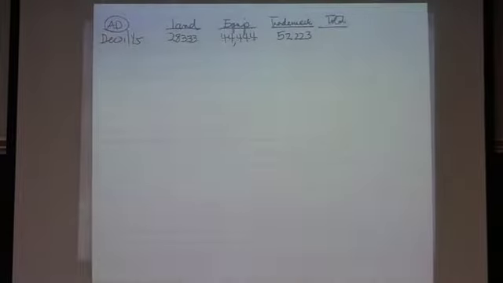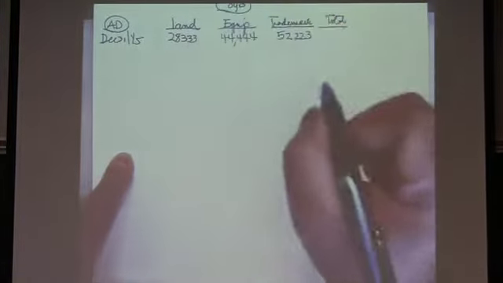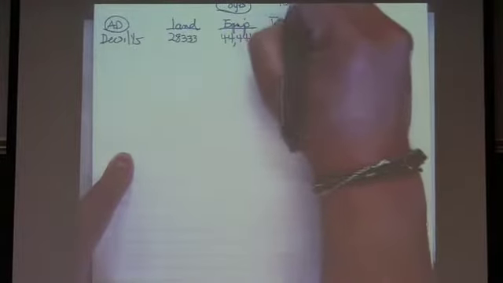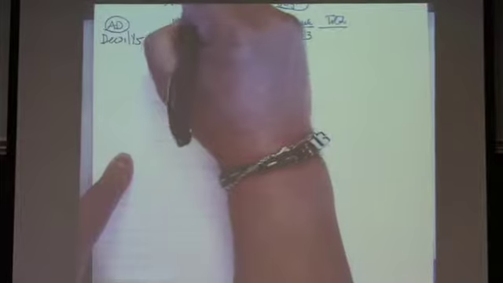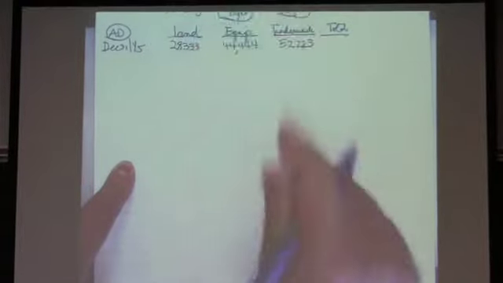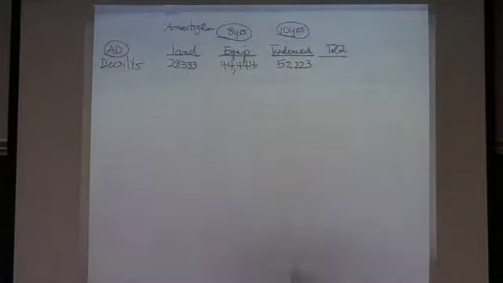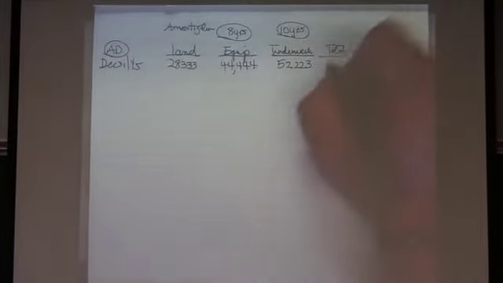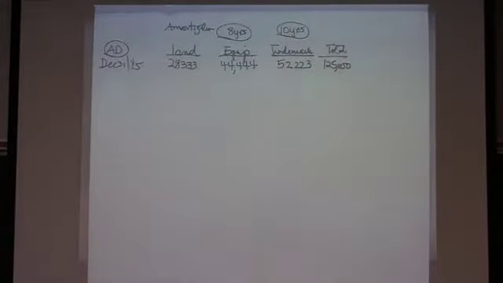I'd also like to put the word 8 years here for the equipment amortization, and 10 years for the trademark amortization.